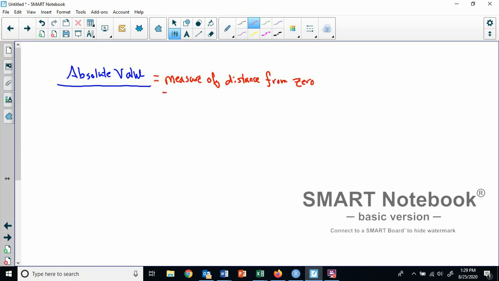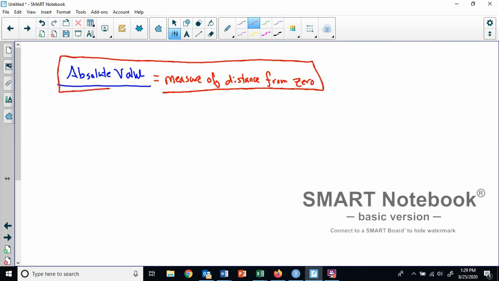Okay, it tells you how far away you are from 0. Now there's an important thing, because some people try to give you definitions of this, which are bad. This is the textbook definition. The reason why absolute values, quote, make things positive is distance is always positive.